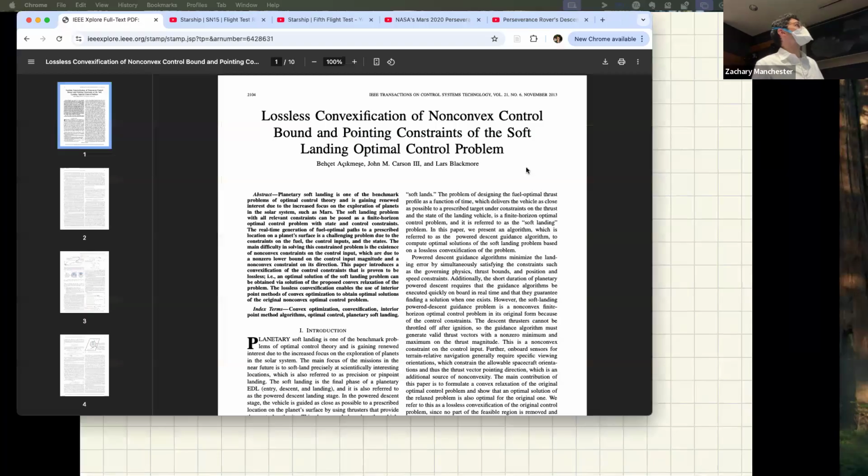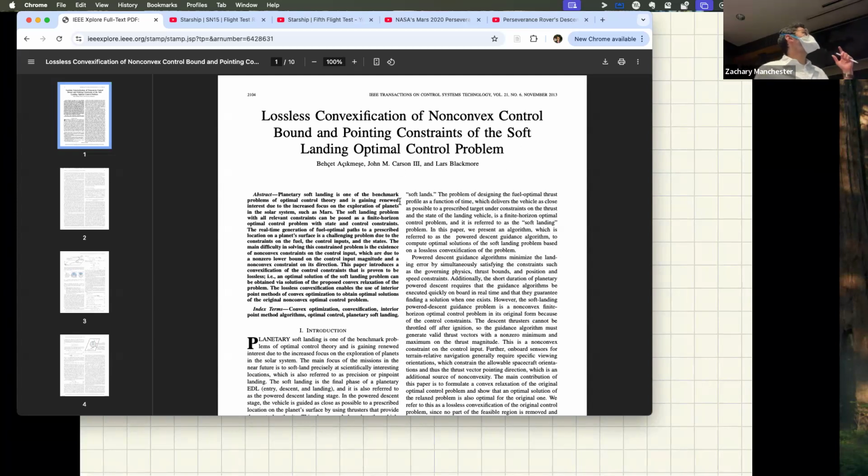We're essentially going to talk about this paper, which came out in 2013. The authors are Behçet Açıkmeşe, who's now a professor at University of Washington, and then these two guys: John Carson is still at NASA, and Lars Blackmore is now a senior guy at SpaceX, who basically runs the GNC group there. At the time, all three of these guys were at JPL, so they were all at NASA.